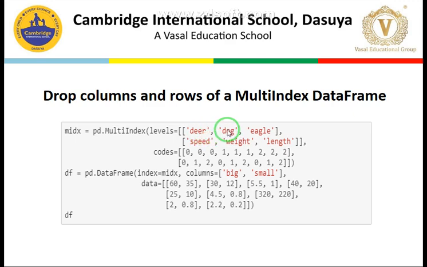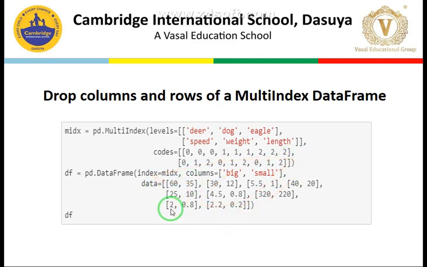Next is dog, its speed and weight. This is represented by the dog's maximum speed and this is the minimum speed. Next parameter is the dog's weight, maximum weight and minimum weight, and third is the dog's maximum length and minimum length. Similarly, the last represents the maximum speed of eagle and minimum speed of eagle.